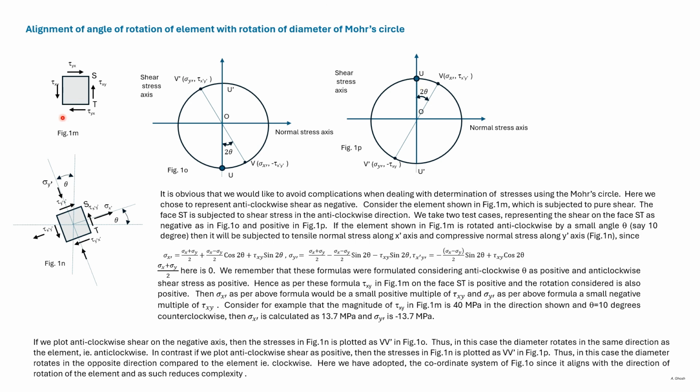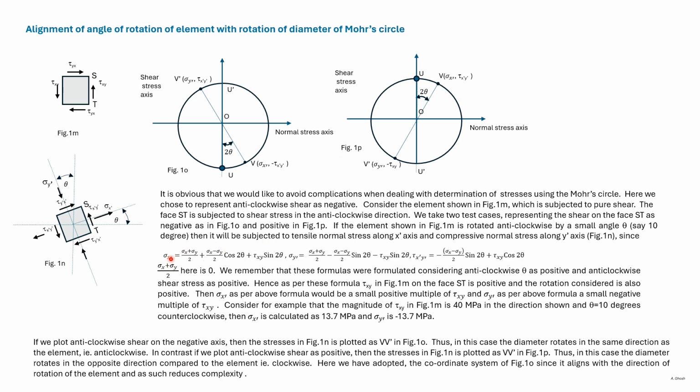Let us now consider that this element is rotated by a small angle theta in the counterclockwise direction. The stresses acting on the element are shown. The magnitude of the stresses can be determined using these formulas derived earlier.